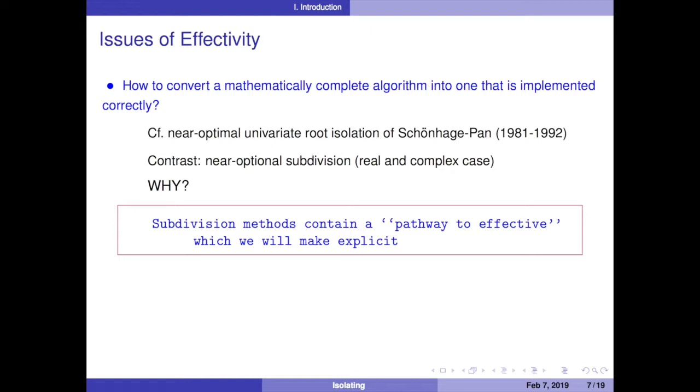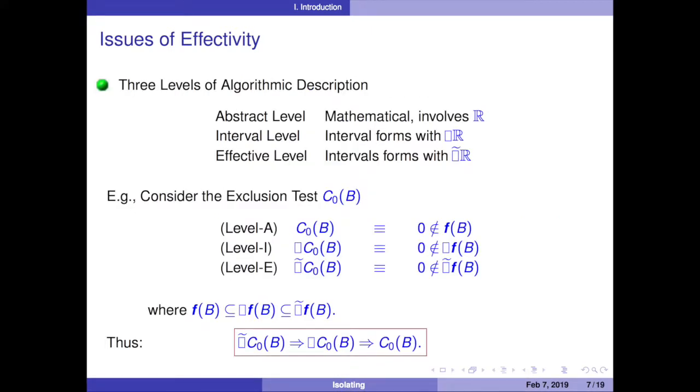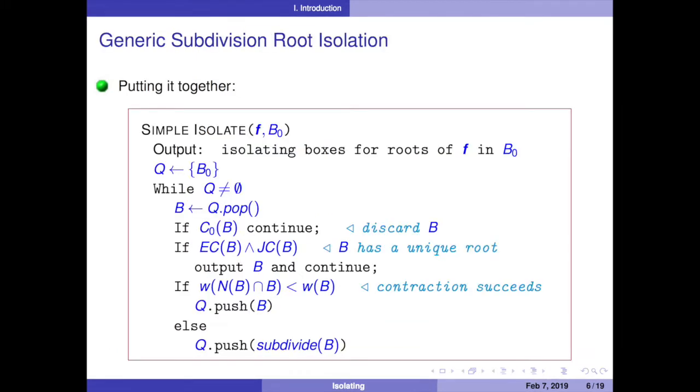Maybe I'll take the next slide to explain what I mean by that. We can describe algorithms at many levels. Just now, the algorithm that I described is very abstract. I just say what kind of properties these three predicates have, that's it. And subdivision is fairly easy to understand; there are no numbers there.